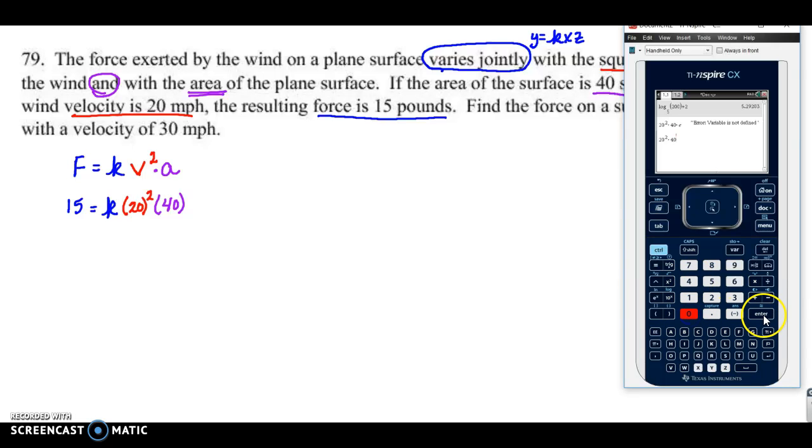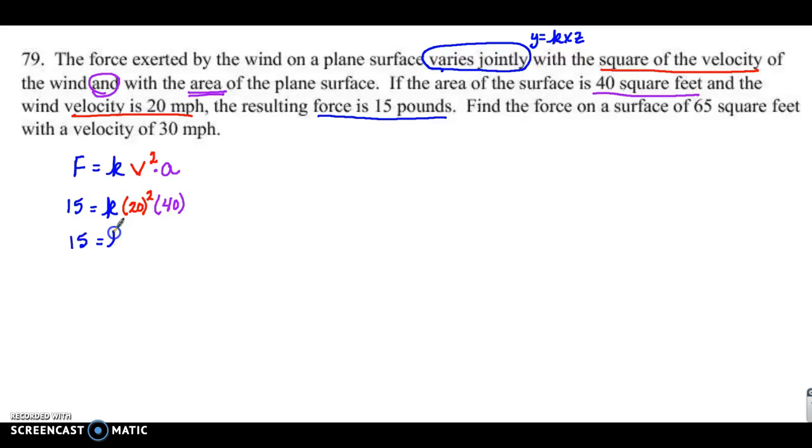Make sure I typed it in right, enter, and that gives me 16,000. So I know that 15 equals K times 16,000.